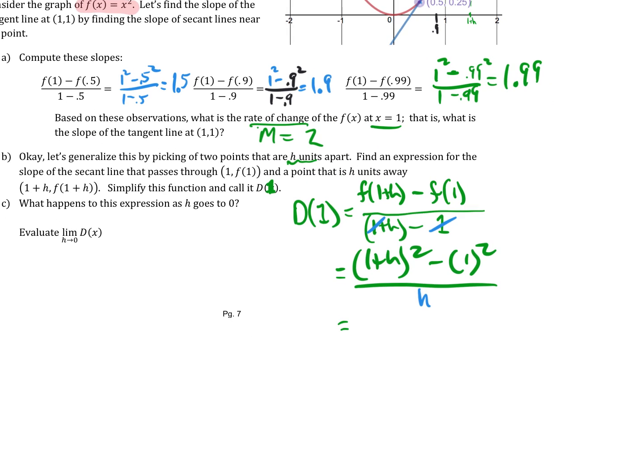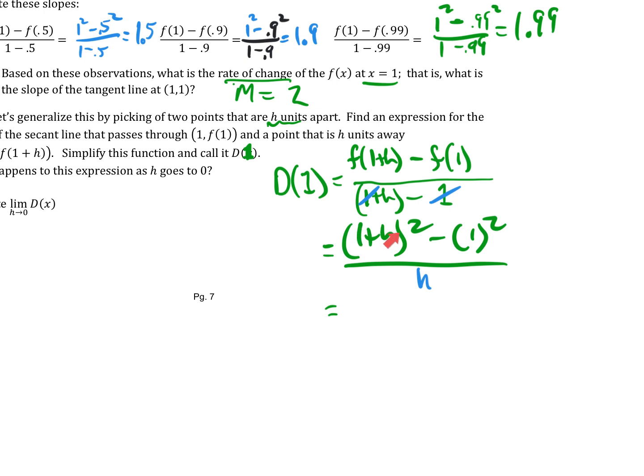And hopefully we can square this easily, right? We square the first, square the second, and then multiply and double for the middle term. 1 squared is 1, h squared is h squared, and in the middle we have 1 times h doubled, and minus 1. So that became this. Great. And now this 1 minus this 1 is going to go away. And now we're down to this.